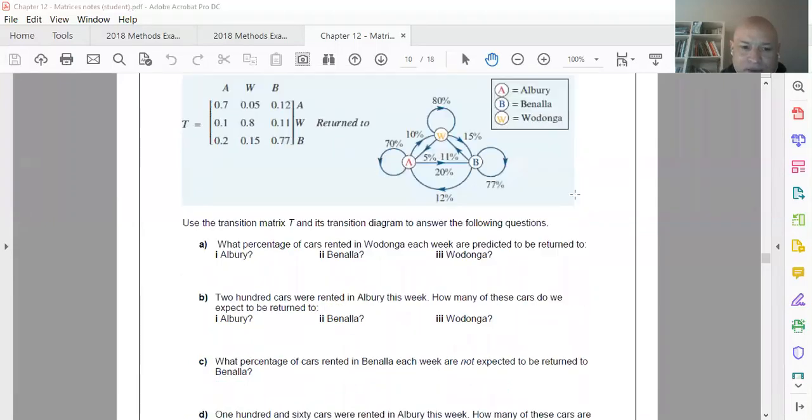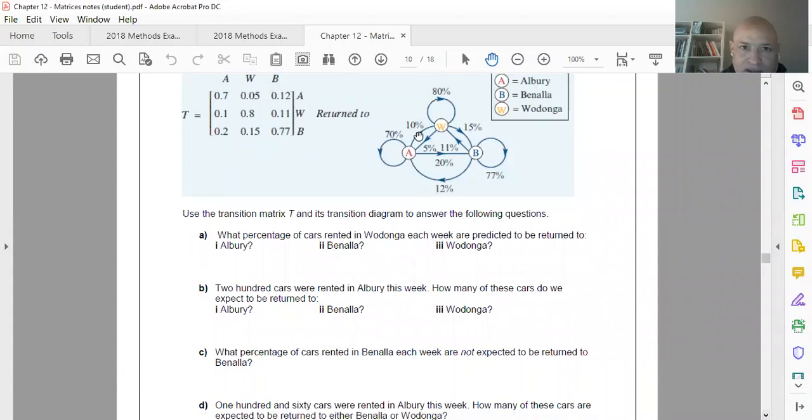Part C, what percentage of cars rented in Benalla each week are not expected to be returned to Benalla? So we rent them in Benalla, but we don't want them to go to Benalla, we want them to go everywhere else. So Benalla can go to Albury, or they can go to Wodonga, but not back to Benalla.